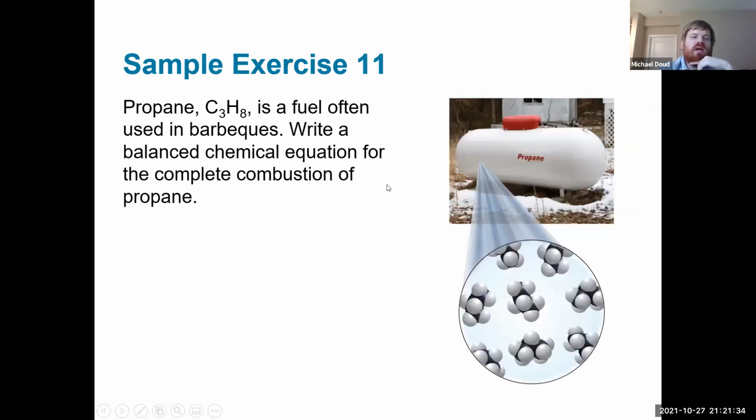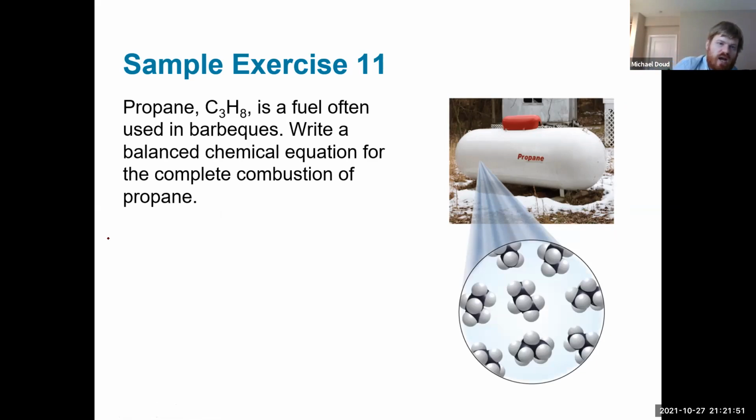Okay, so here we go. Propane is a fuel often used in barbecues. Write a balanced chemical equation for the complete combustion of propane. So again, what you need to know is combustion reactions always follow the same route for these hydrocarbons.